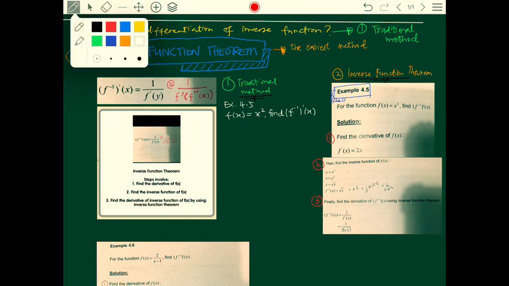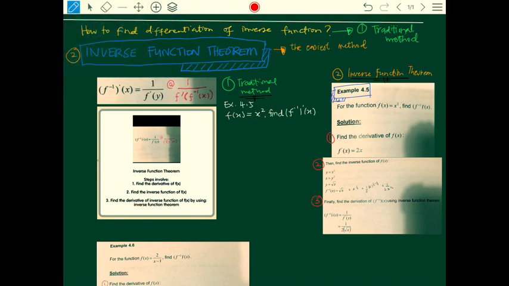Now, if you look carefully, to find the inverse function, we have 4 main steps. The first one is we change f(x) into y, so it becomes y equals x squared. The second step is we switch y to become x, whereas x will become y squared.